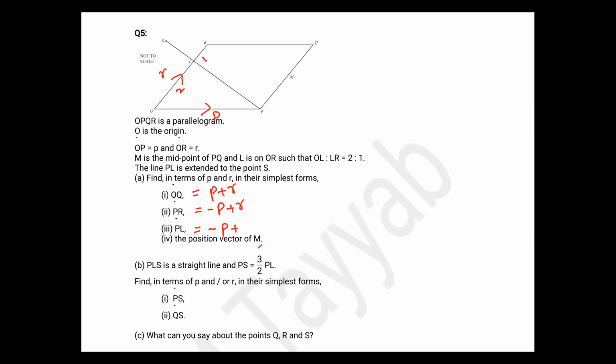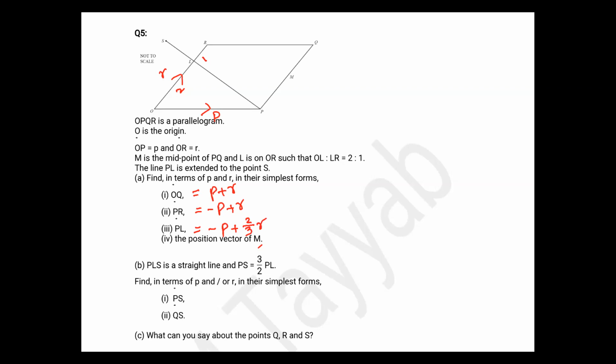So OL part is 2/3 because total 3 parts, 2/3, and LR is 1/3. So OL is 2/3 of total, so 2/3 R. And yes, we are moving with the direction of R, so it will be positive. 2/3 R. This is vector PL.